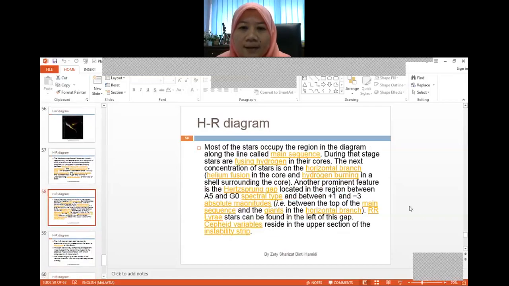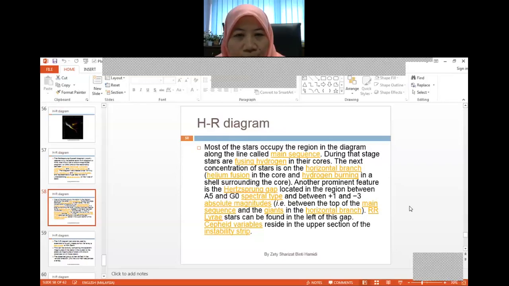If we look, most of the stars occupy the region in the diagram along the line of the main sequence. During this stage, the stars are fusing hydrogen inside their core, and they will then move up to the horizontal branch, where helium fusion happens inside the core and hydrogen burns in the shell, and the other steps of evolution.